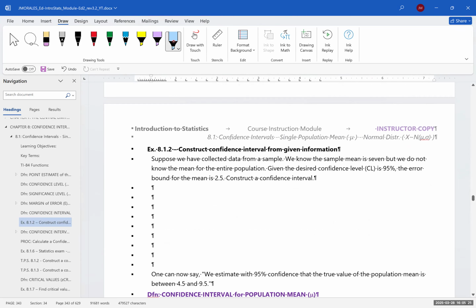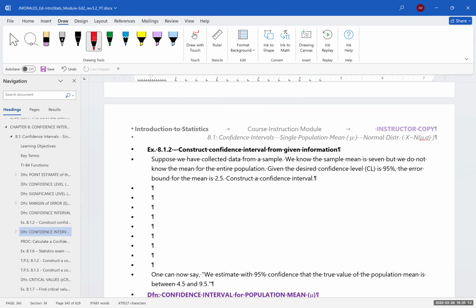Okay, let's take a look at a small example. Construct a confidence interval from the given information. Suppose we have collected data from a sample. We know the sample mean is 7, but we do not know the mean for the entire population. Given the desired confidence level is 95%, the error bound for the mean is 2.5.